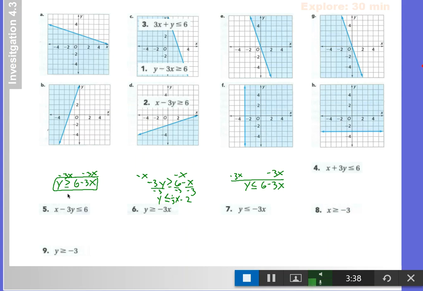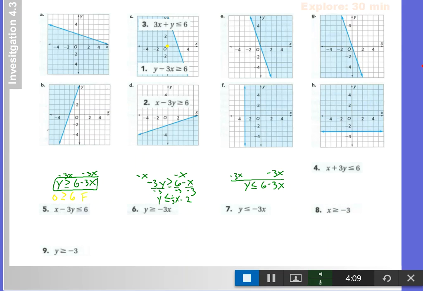This one says y is greater than, and this one says y is less than, so it has to be one of these two. Let's plug in a point. Let's plug in 0, 0. If I plug in 0 is greater than or equal to 6, this is false.